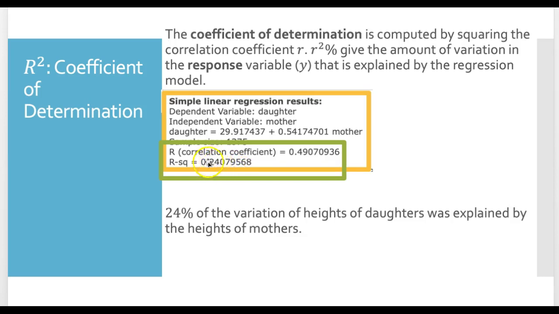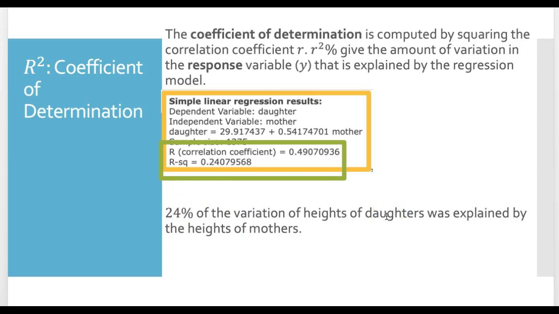And so what this means is that 24% of the variation of heights of daughters was explained by the heights of mothers. It's kind of like a goodness of fit measurement, telling you how well your model explains the response or outcome variable. So the heights of mothers helped explain 24% of the heights of daughters.